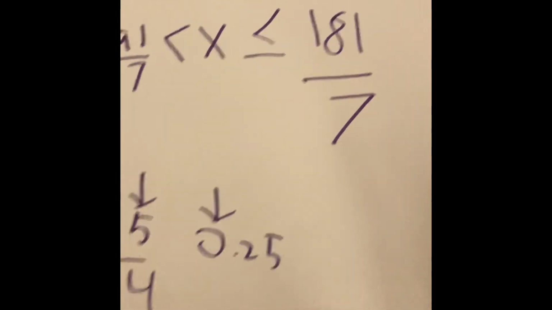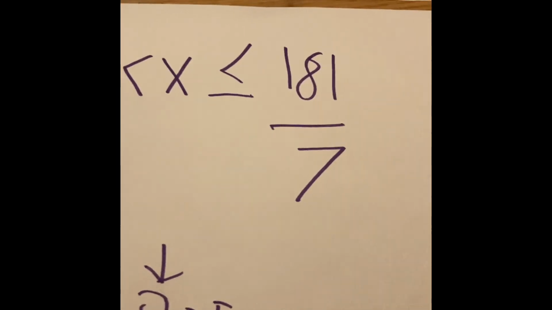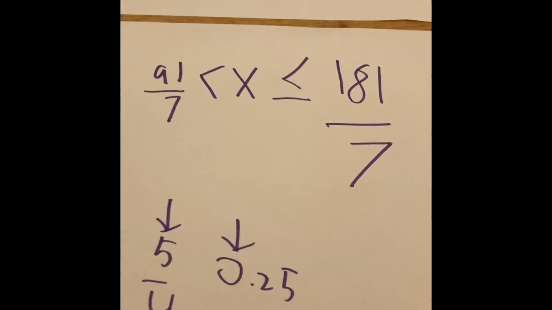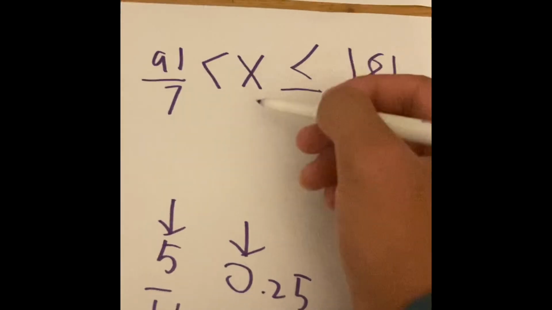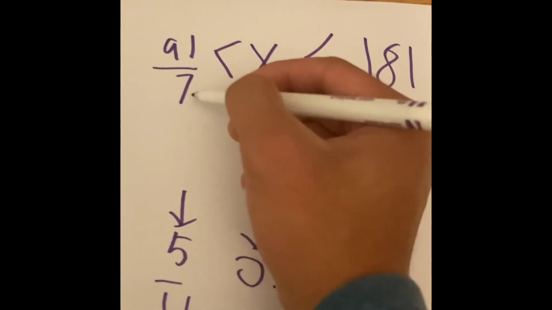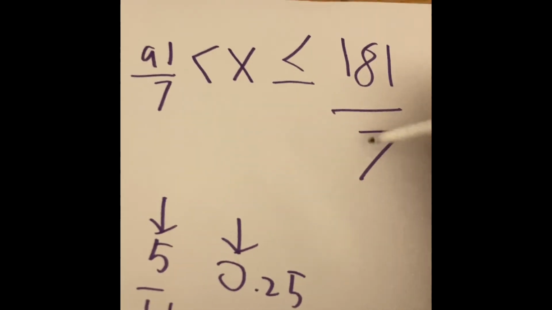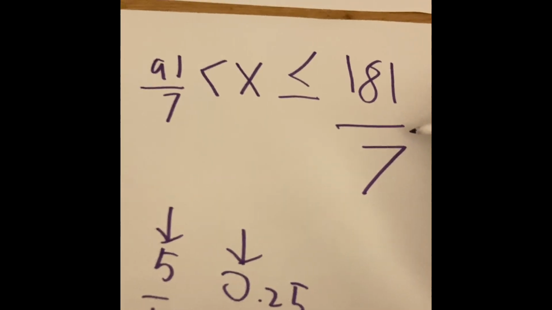But in high school, they want an answer as a fraction. That is what you get as an answer. Since we have the simplest equation right here, anything that is greater than 91 over 7 and is less than or equal to 181 over 7 will work as x.